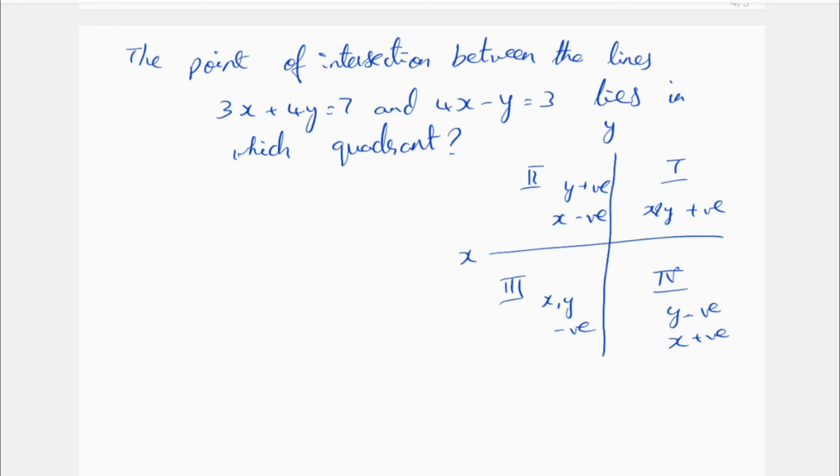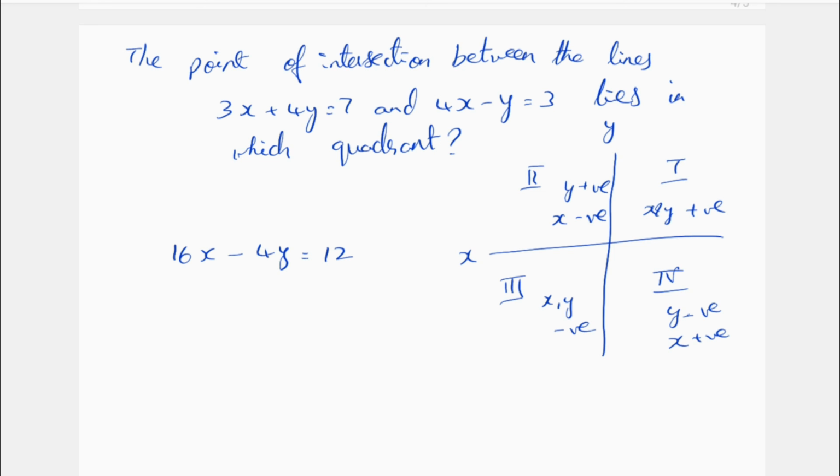We have to solve for the roots of these equations. We'll use the elimination method. That should be better. I have 3x plus 4y equal to 7 and 4x minus y equal to 3. Multiplying the entire second equation by 4, I end up with 16x minus 4y equal to 12.